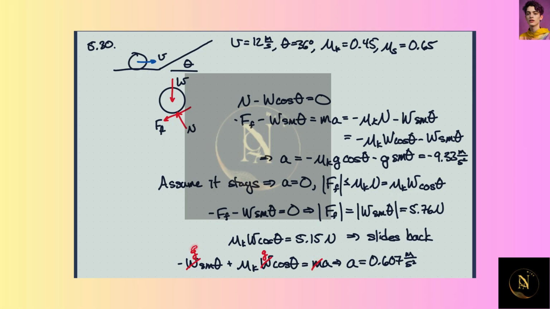The m's cancel out, and then these W's become gravity. Plugging all of our numbers in, we get the acceleration is 0.607 meters per second squared. So it's going to start sliding back down, and it will basically then come to rest down here at the base.